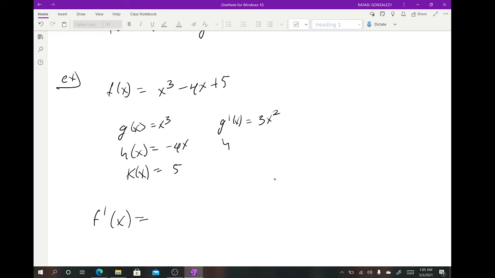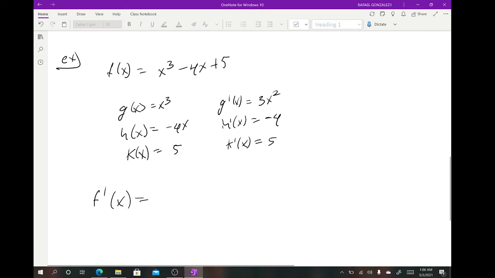What is the derivative of h of x? Using the constant multiple rule, that's simply just -4. For k of x, we explained earlier in this lecture that the derivative of a constant is 0.